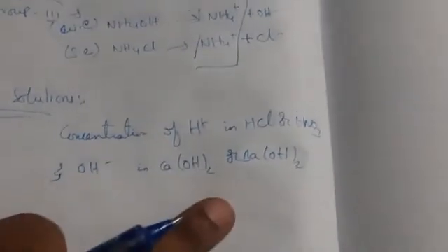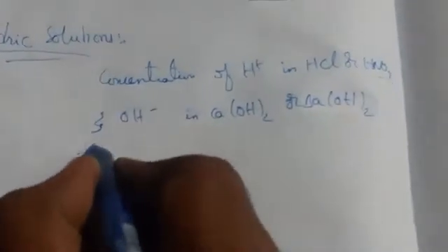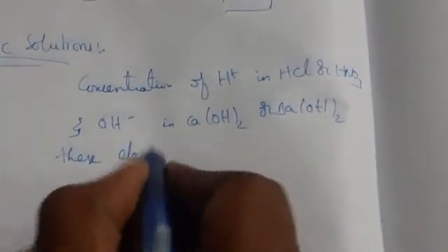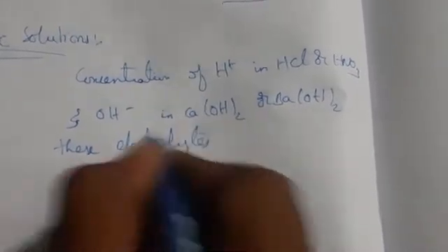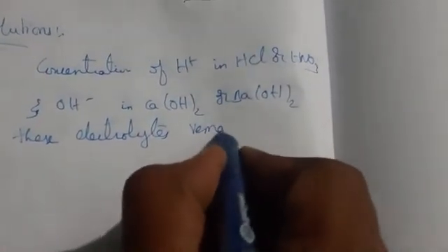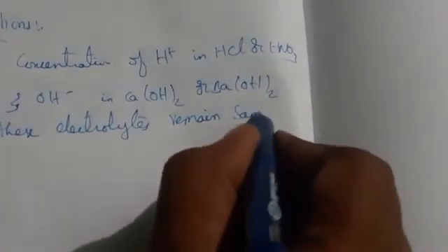So then what happens here, when you mix these two, HCl or HNO3 with calcium hydroxide or barium hydroxide? When you are mixing these two, they are not increasing or decreasing, which means these electrolytes remain the same, we can say constant.